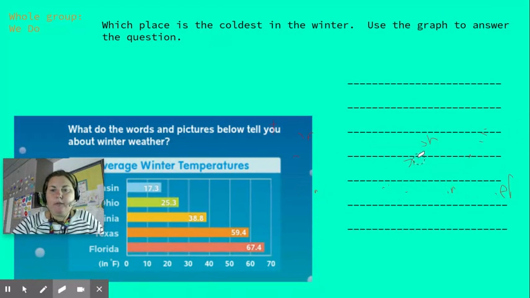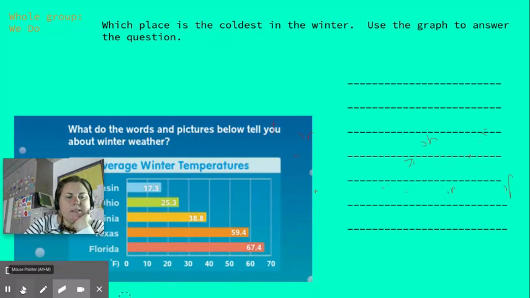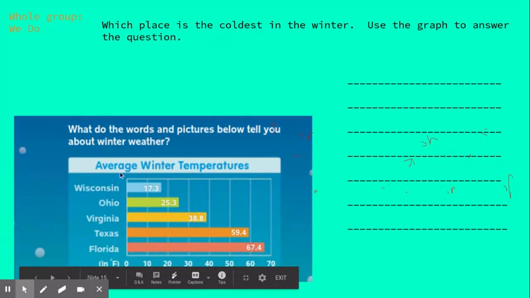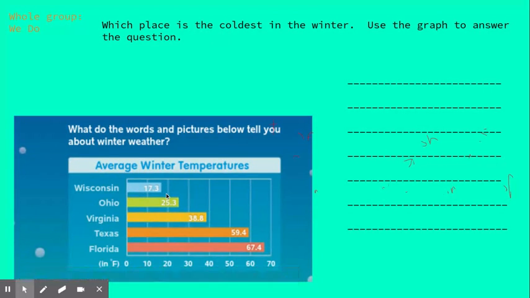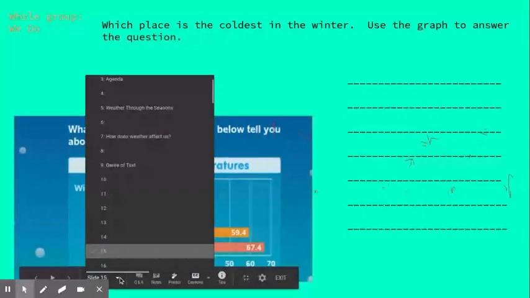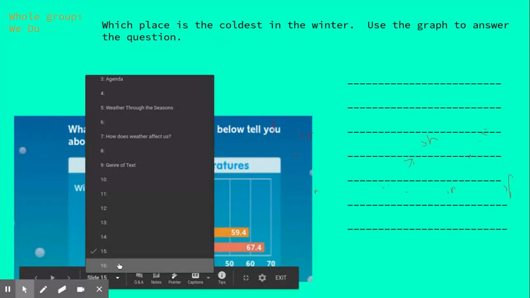Use the graph. And if you look over here, remember what I said earlier, the coldest one is the shortest. And Wisconsin is the shortest. So then on this space over here, you would say the graph shows me the coldest temperature is in Wisconsin because that's the state that has the coldest temperatures. Okay? All right, let's go to the next one.